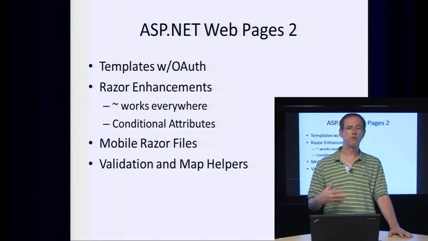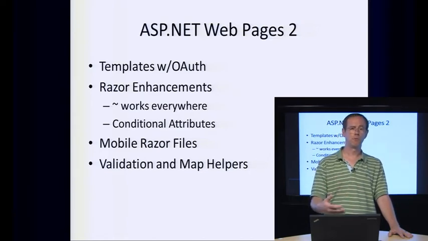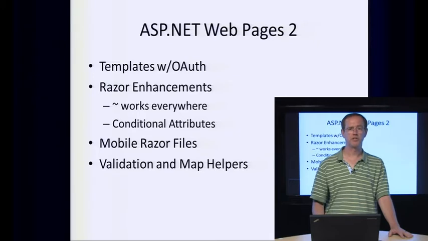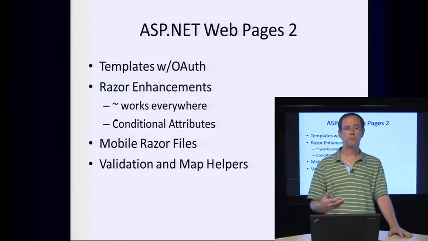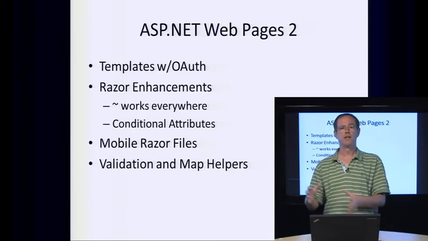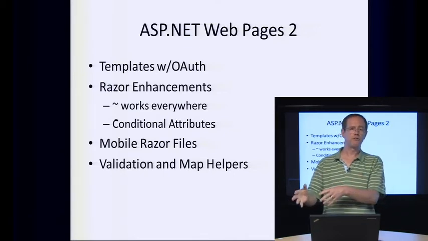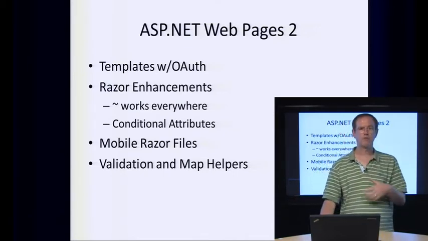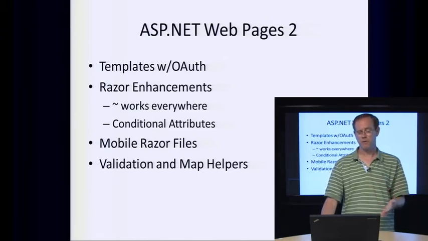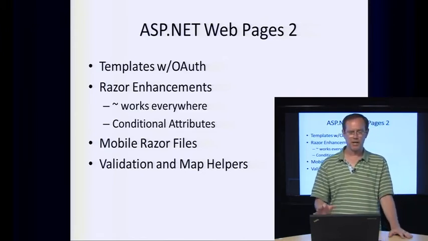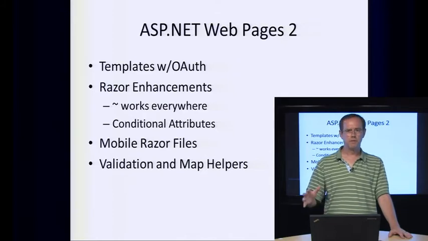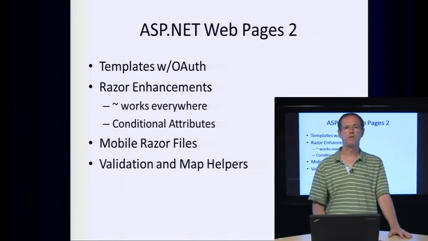And what will happen is when a user hits with a mobile device, we'll choose the mobile version over the main CSHTML file. This is all extensible, so you could actually say, I want an iPhone to go to mypage.iphone.cshtml. You just have to give us the rule of how to detect it's an iPhone, and we'll do that for you automatically. And we put this into web pages. This feature rolls up into MVC as well, and I'll talk about that in a second.